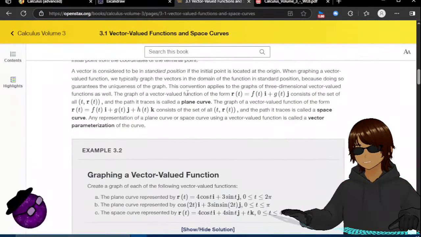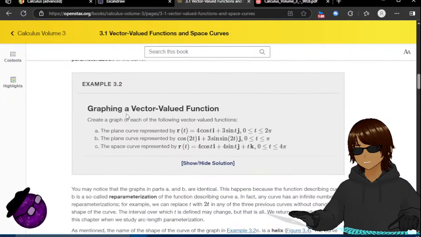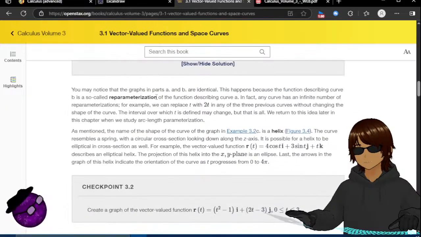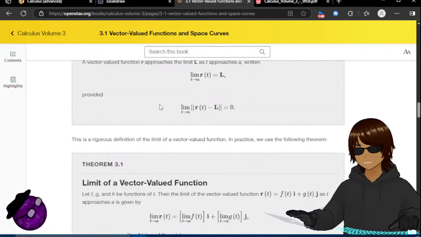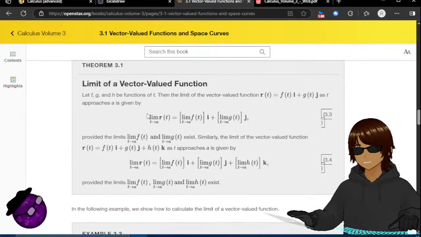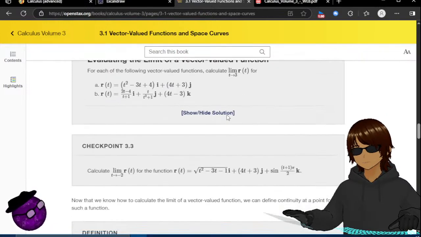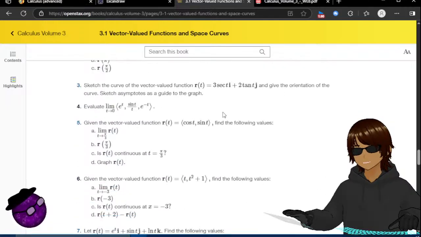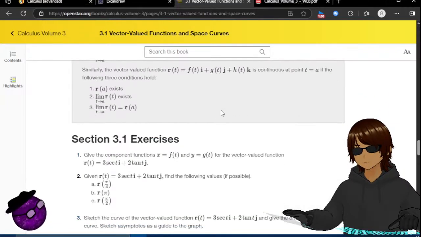Okay, so graphing, plane curve, space curve. Limit and continuity, limit of a vector valued function. So here's a vector, and then here are 2 components. The limit of this is the limit of each of the components, and similarly for the derivatives.